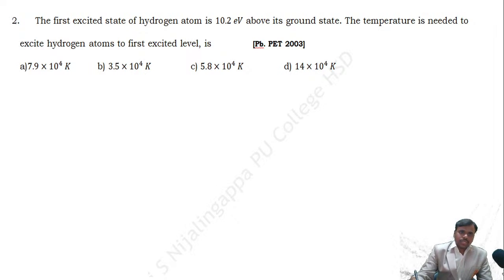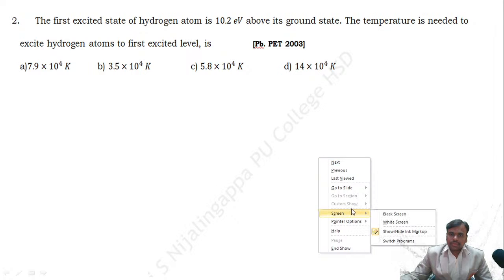Therefore, first we note down that 10.2 electron volt is the energy, which is not in SI unit. So first we have to convert the given energy into SI unit. What is the relation between 1 electron volt and joule? 1 electron volt is equal to 1.6 into 10 to the power of minus 19 joules.